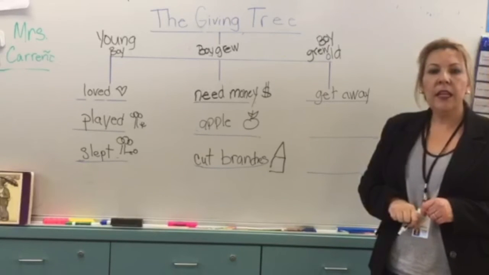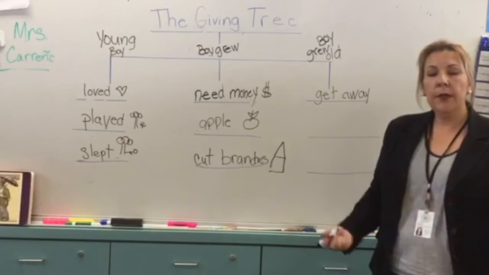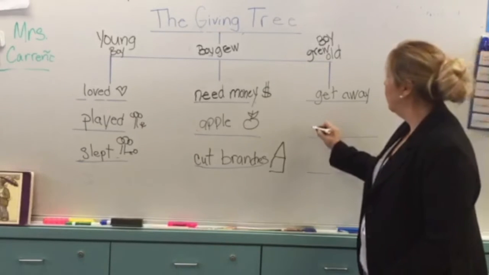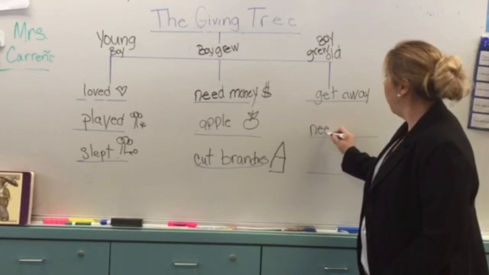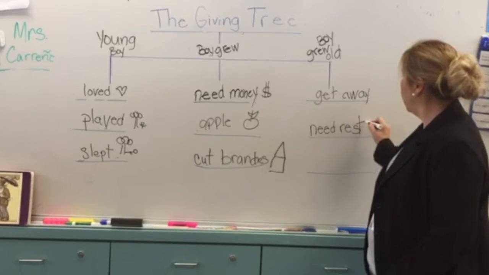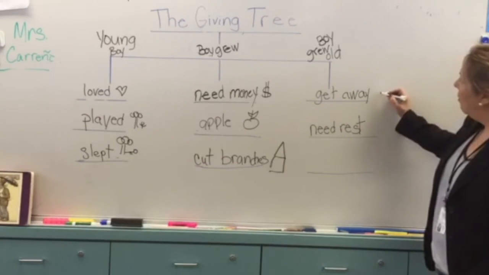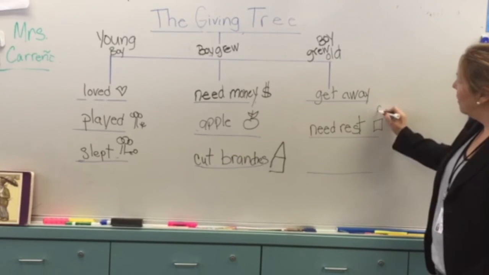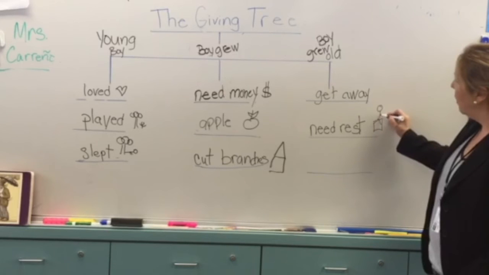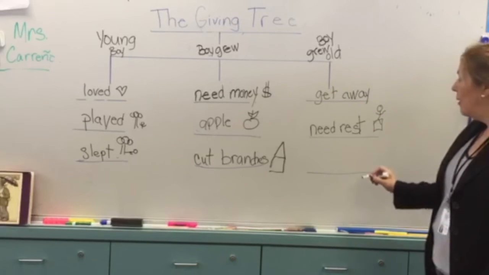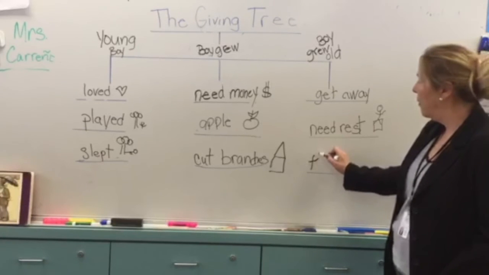And one of the reasons he wanted to get away is because he needed rest. And here I might put the tree stump, because that's all he had at the end was a tree stump and the boy who sat on the tree stump. And at the end, the tree was happy.